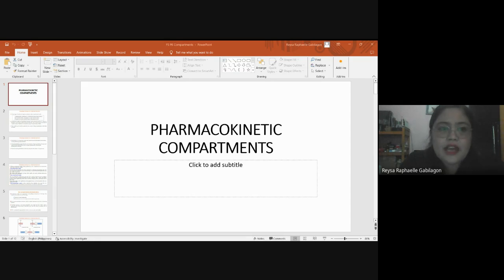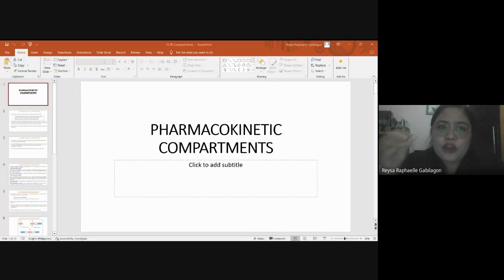So when you say one compartment model, the body is treated as one unit only. This one assumes that after administration, the drug is evenly distributed all over the body.